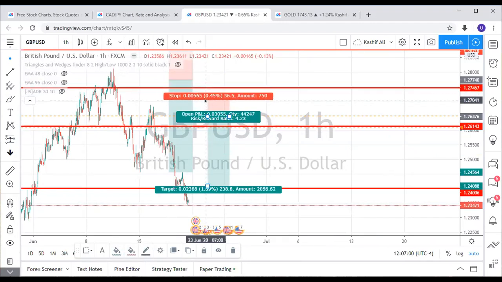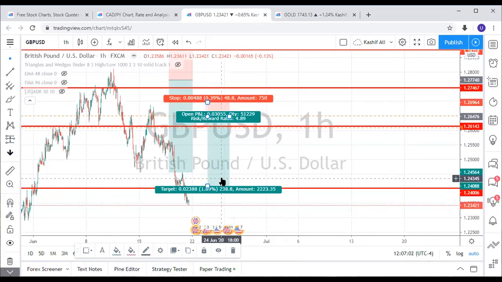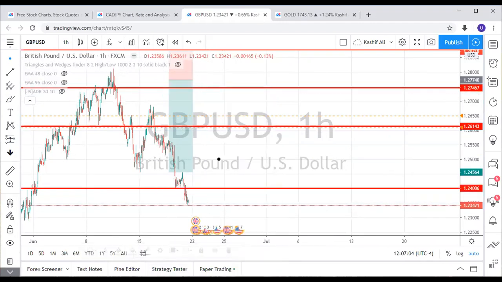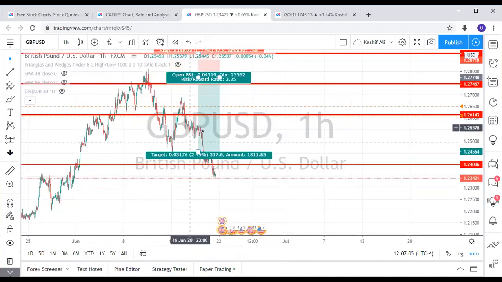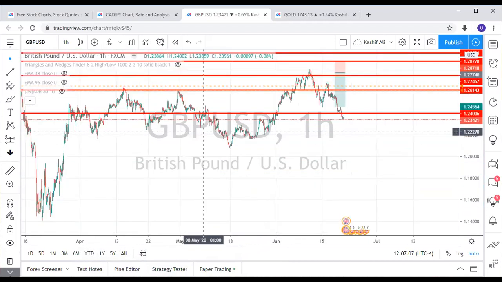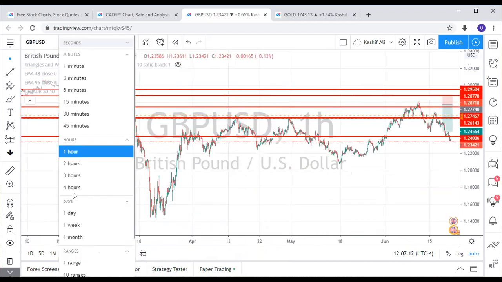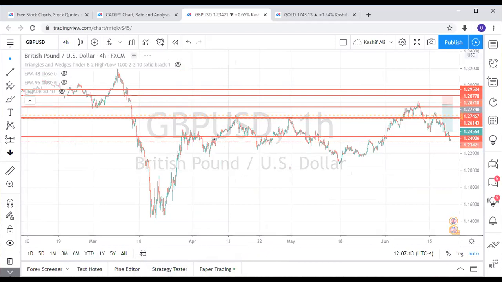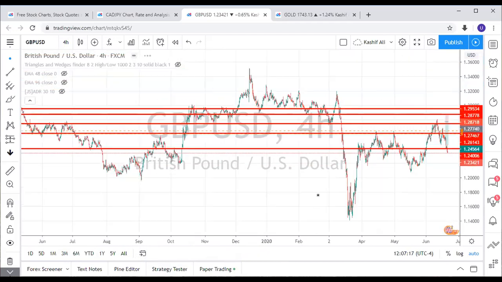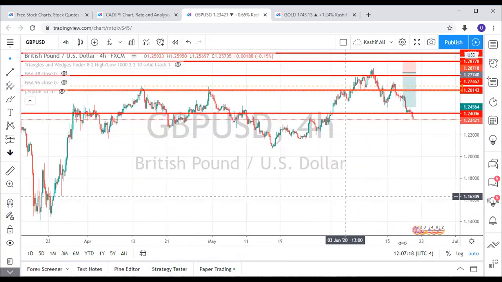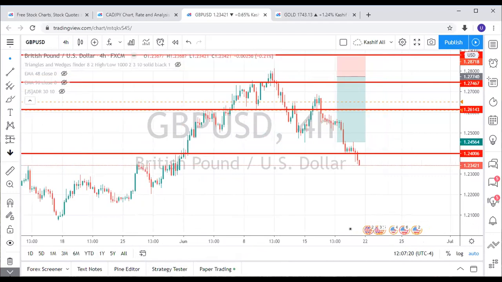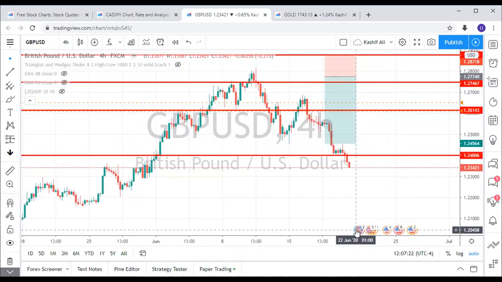Nice, you can see. But in order to recognize these channels and these key levels, you need to know how to make them. First, how to build these key levels. Also, just to let you know, guys, there is more news coming on GBP. Steel production forecast and so on.